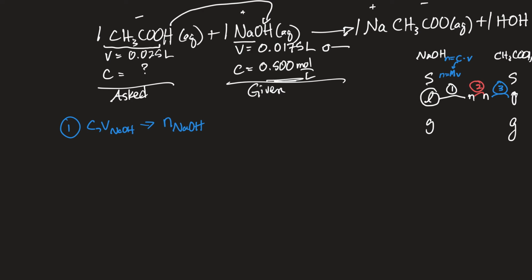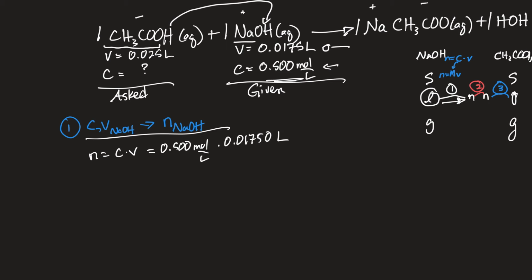I should have been using white. That's this step right there. The formula I use is moles equals C times V. The concentration is right there, 0.500 moles per liter, times the volume, 0.0175 liters. Liters cancel.